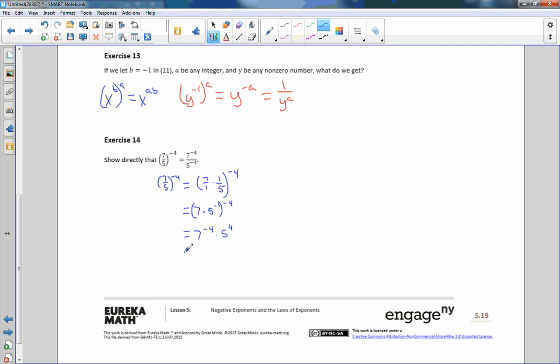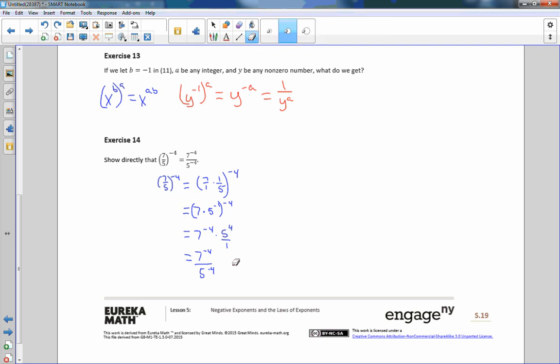And then finally, I'm going to write that as 7 to the negative 4 divided by, now I'm going to flip this back over, 5 to the negative 4 in the denominator. Whenever you're moving this from a numerator down to a denominator, the sign changes.